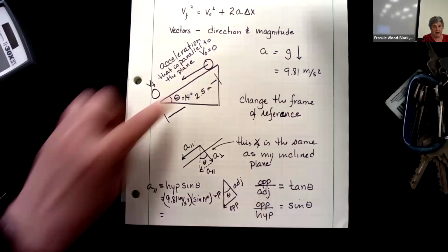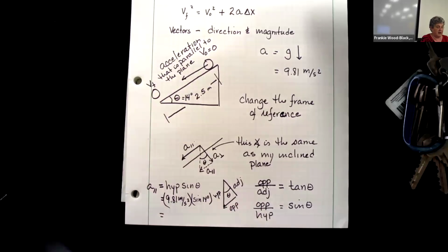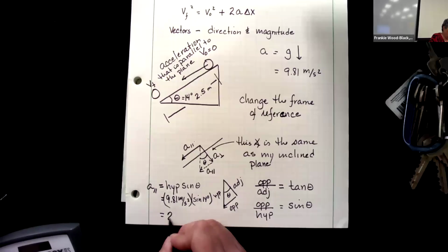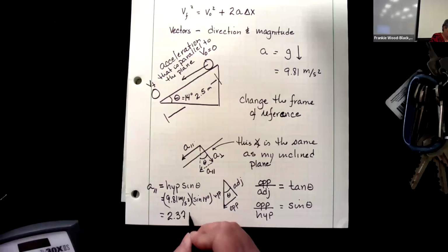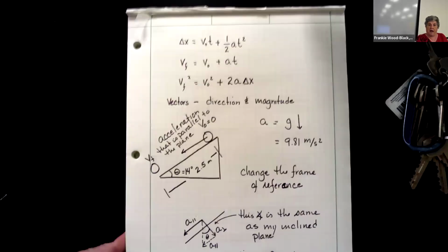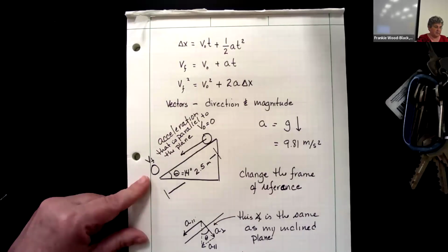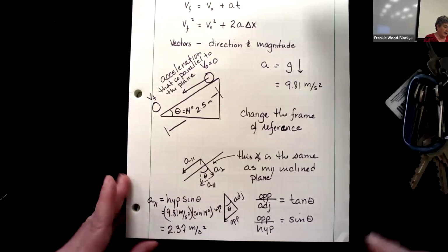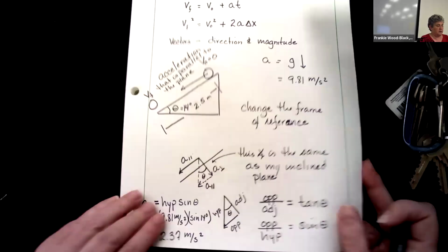So my acceleration parallel to my plane, which is something I need to know, would be 9.81 times the sine of 14 degrees, and that's 2.37 meters per second squared. So now I have a one-dimensional problem where I know the acceleration along my plane, and I can work the problem just like any other one-dimensional problem.